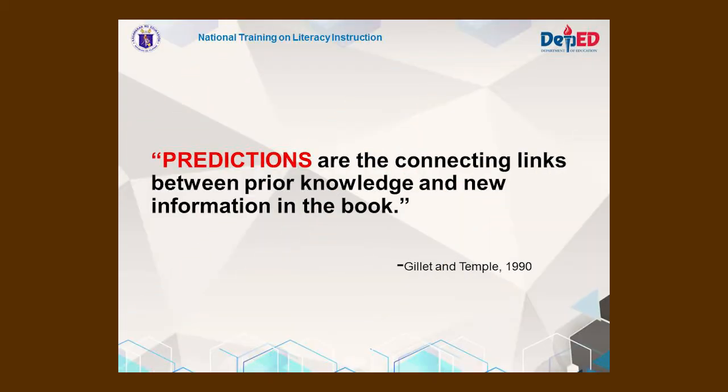But how do we define predictions? Predictions are the connecting links between prior knowledge and new information in the book. What does it mean to predict? A while ago, when you were predicting, you made use of your background knowledge, of your prior knowledge, and you married that background knowledge with what you see on the text, with what you see on that picture.